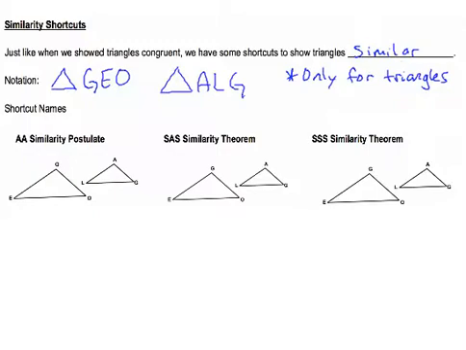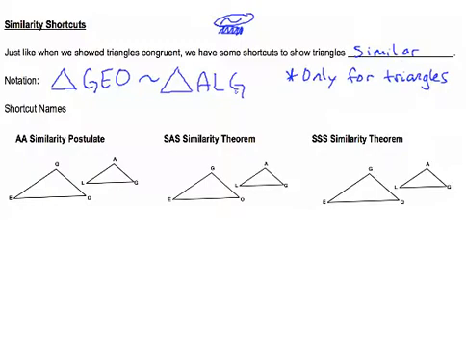The symbol that we use just looks like this. It's one little squiggle, right? It's kind of like the top of the congruency symbol has that little squiggle there, but if we were to take away the equal sign and just had that squiggle, that means similar to. So we would read this as triangle GEO is similar to triangle ALG.